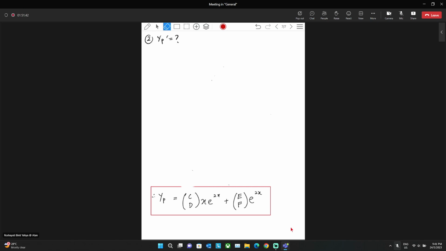Okay, so YP, dia bukan sebab lebih mudah atau tidak, sebab dia boleh guna atau tak boleh guna saja, based on differentiation ataupun integration. So YP prime, so kita ada YP here.